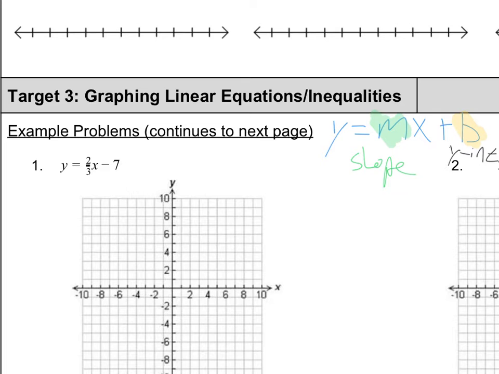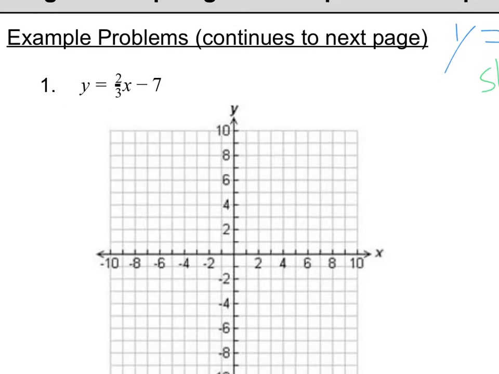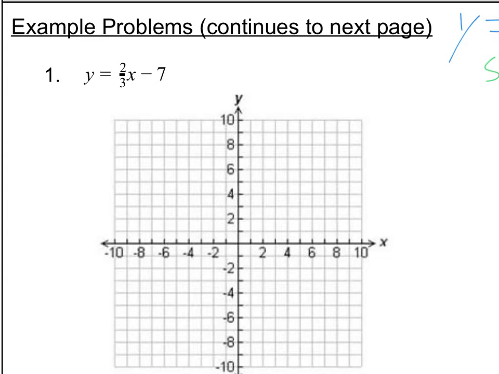All right, so first example, I've got 2/3 x minus 7. My y-intercept is going to be negative 7. So on the y-axis, I'll throw a dot at negative 7.